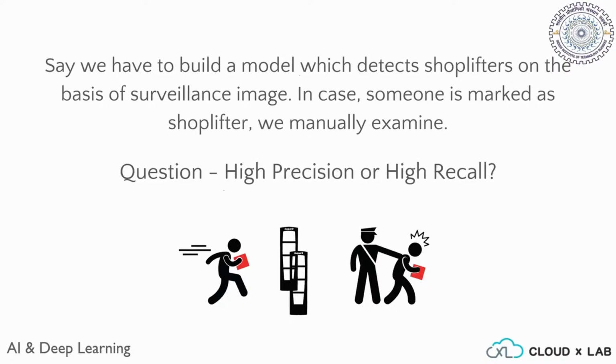Okay. So let's say we are giving equal weightage to precision and recall, then what will happen in that case? Yes, there is a possibility that we may miss out a shoplifter, and this case we do not want, right?